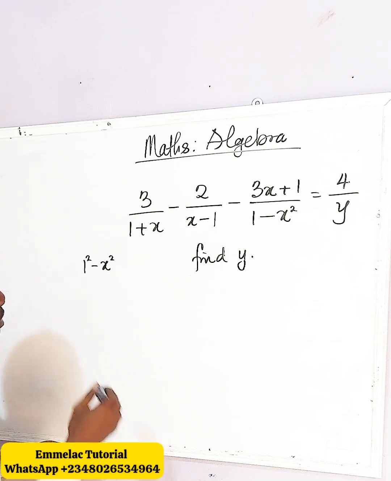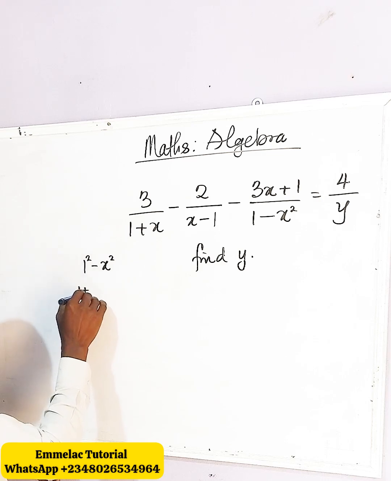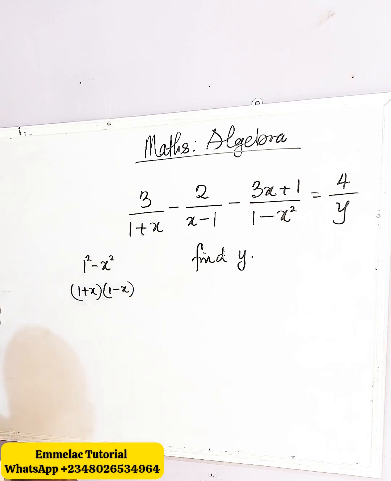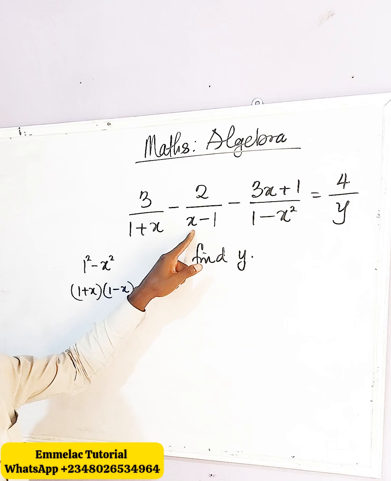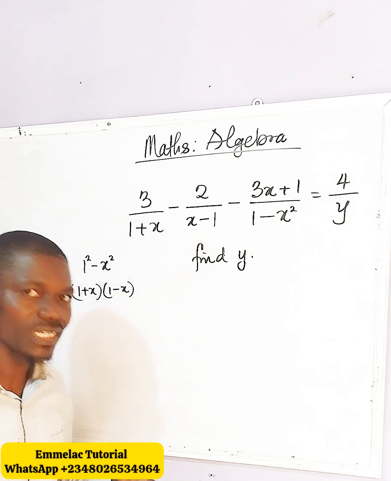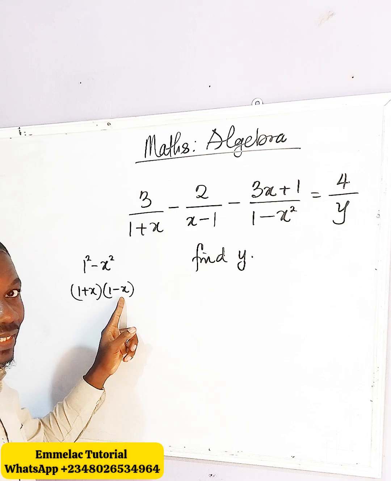The difference of two squares tells us that if we simplify this, we have 1 plus x into 1 minus x. Now if you look at this, you can see a term here which is 1 plus x. However, here we have x minus 1, but here we have 1 minus x. Is there a way we can transform this term to look exactly like this?